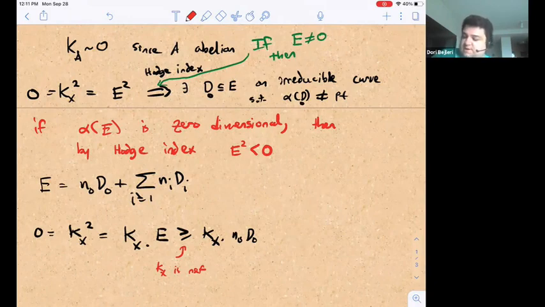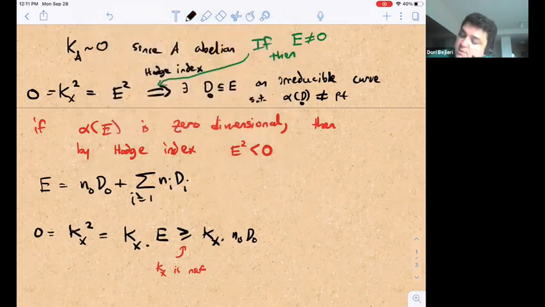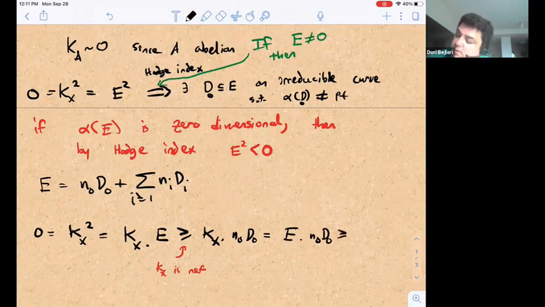So when we subtract those, we get something smaller, and then now we again use that kx is just E, so this is E dot n0 d0, and now this is greater than or equal to n0 squared d0 squared, because these di's are different divisors from d0.